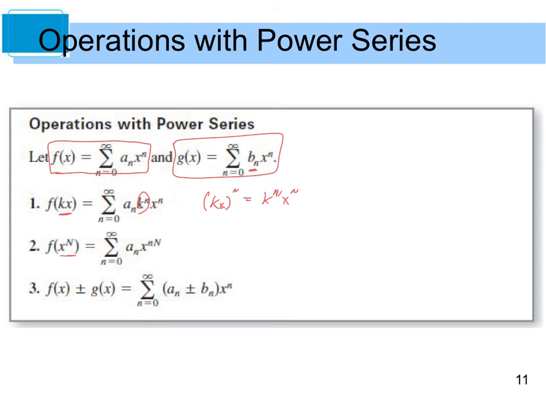Now if I have x to the n, same idea, I would replace that x with an x to the n, so that's going to be raised to the n power that's already there. And if you raise a power to a power, going back to Algebra 1, you would just multiply those powers together. If I wanted to add and subtract functions, then I would add and subtract the sigmas here. Our x to the n is common, so you can factor that out.